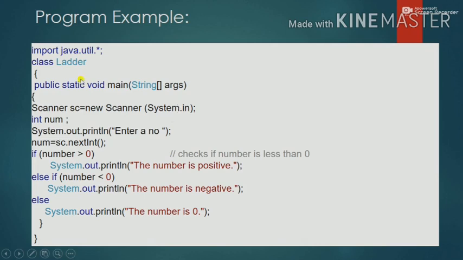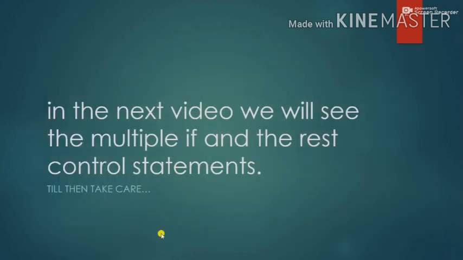Similarly, the message "enter a number" is flashed, the user enters the number value and it will be stored here. If the number is greater than 0, this message will be printed. If the number is less than 0, this message will be printed. Otherwise, if both are false, then the else part will be executed. This is the way the multiple if statement works.